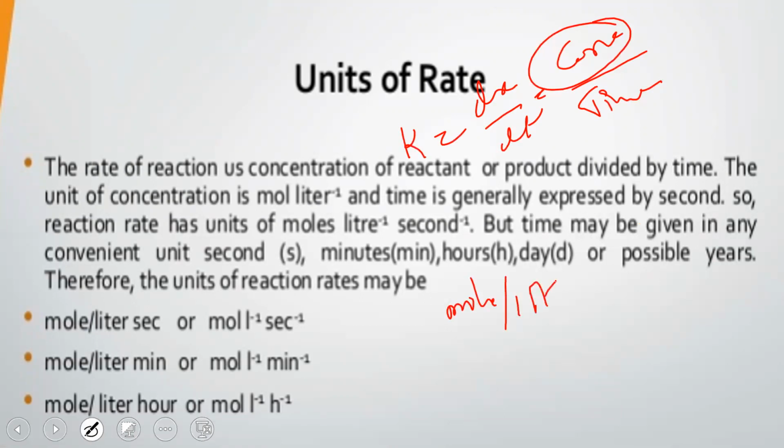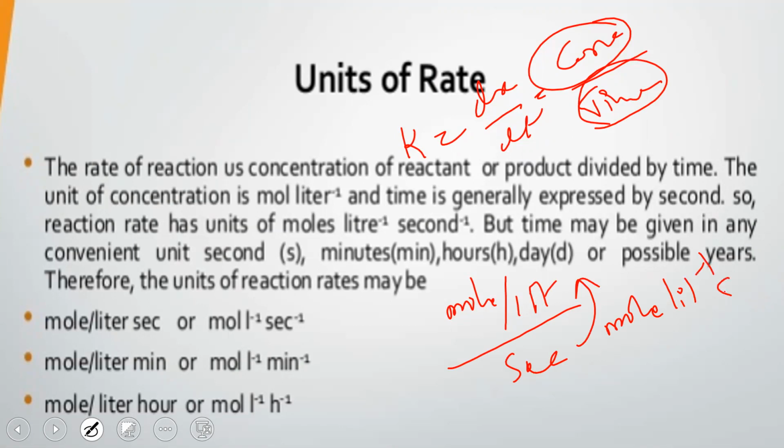Yes, we know moles per liter, and what is the unit for time? That is second. Then how can we write it? Mole, take the liter as inverse, and here it is second inverse. So simple. What is the unit for the rate?